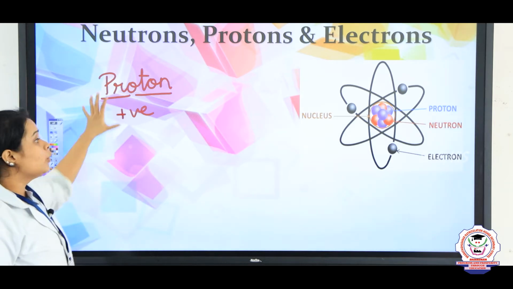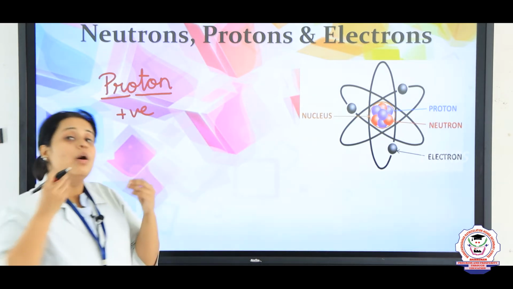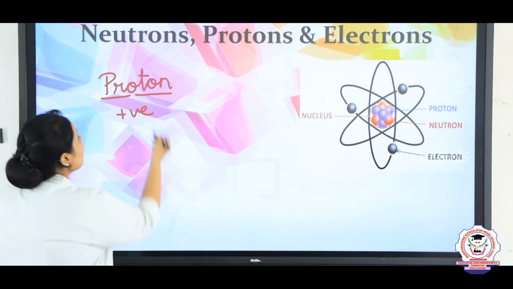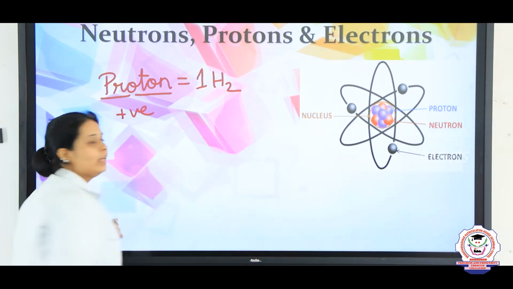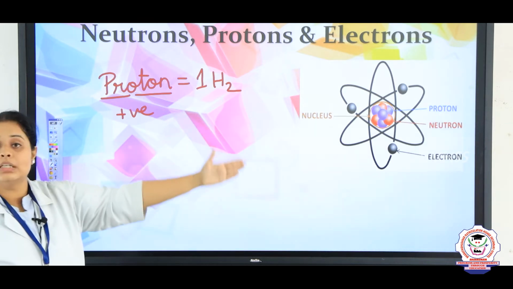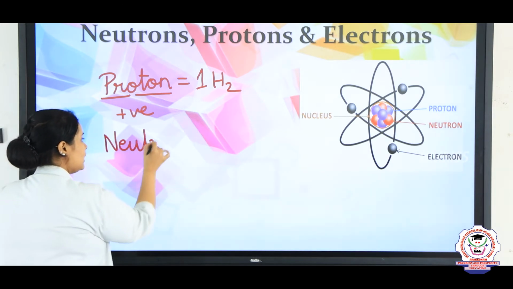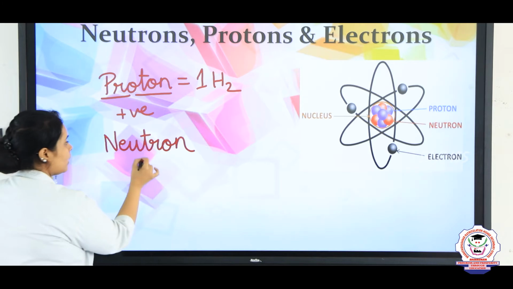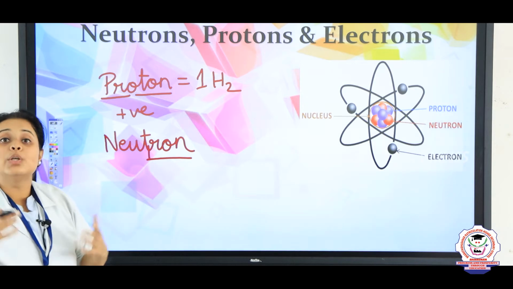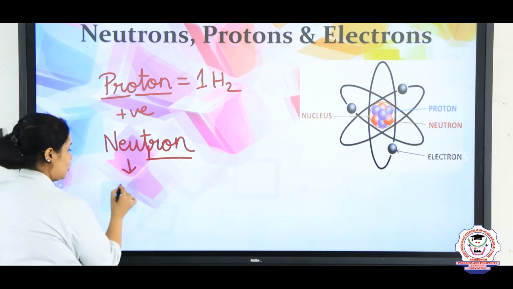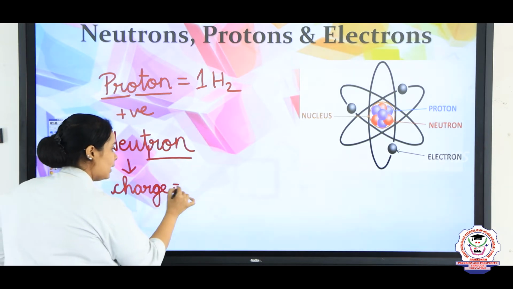The mass of one proton is equal to the mass of one single hydrogen atom. In the same way, consider the neutron. Neutron comes from the word neutral, that means the charge is equal to 0.